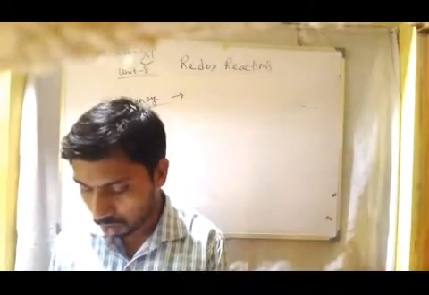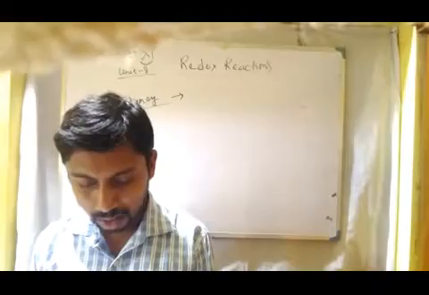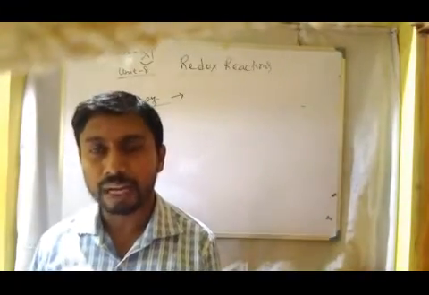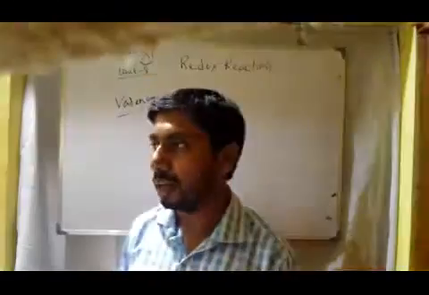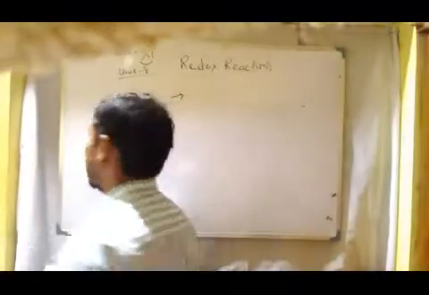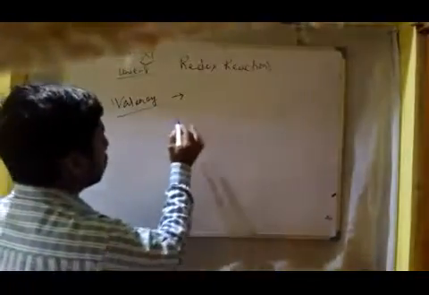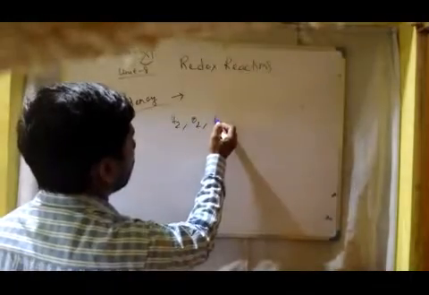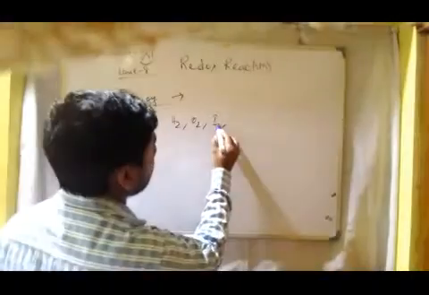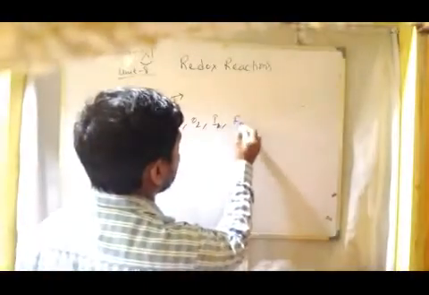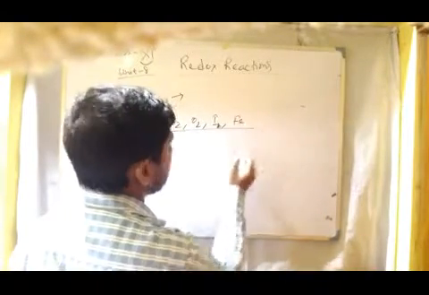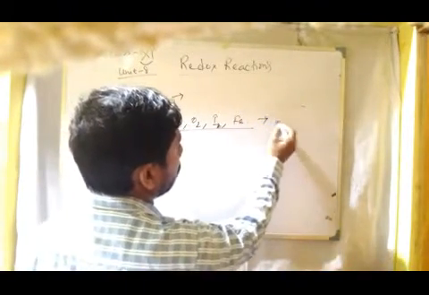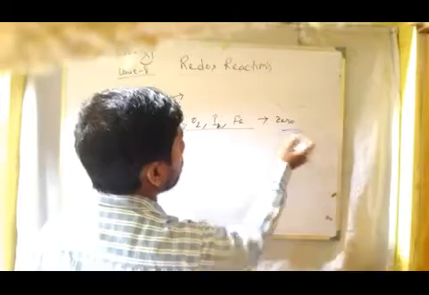Now coming to the rules, the first rule is that for elements in the free state, the oxidation state is 0. So hydrogen, oxygen, iodine, or iron, in that case the oxidation state is 0 everywhere.